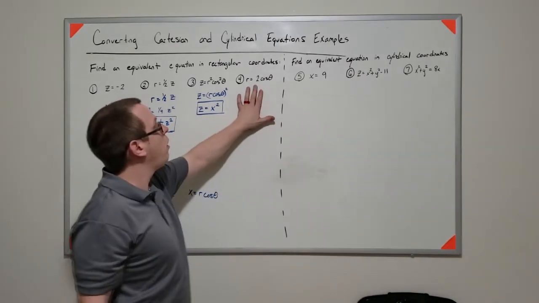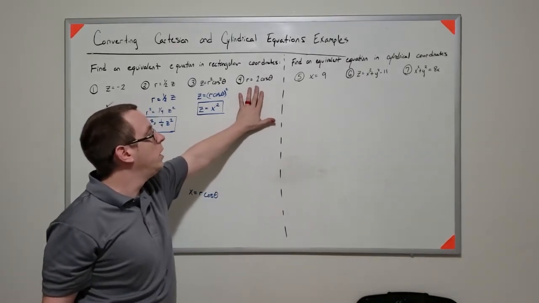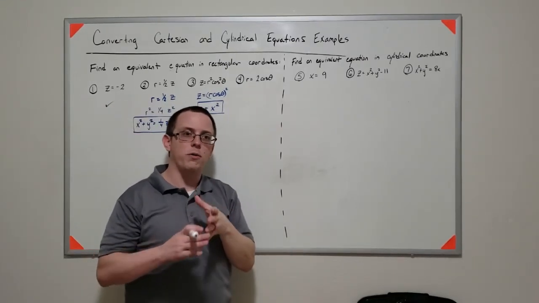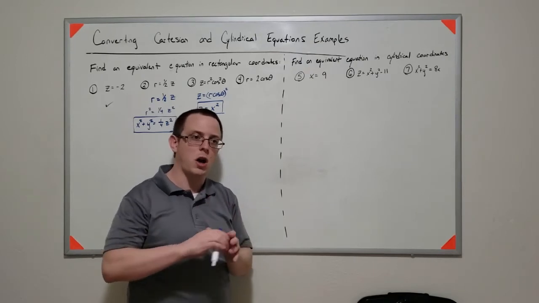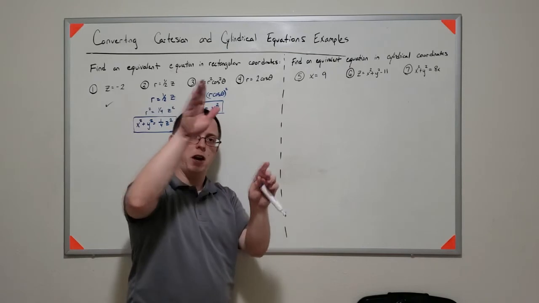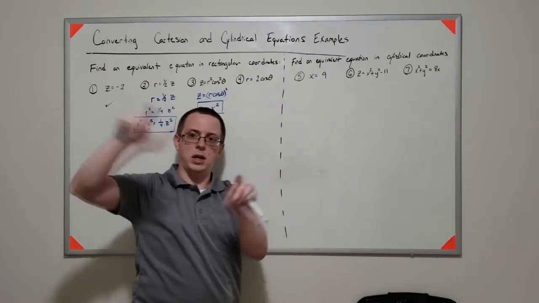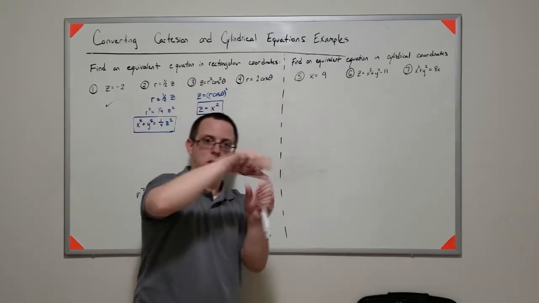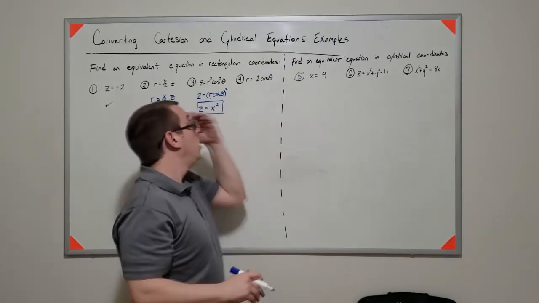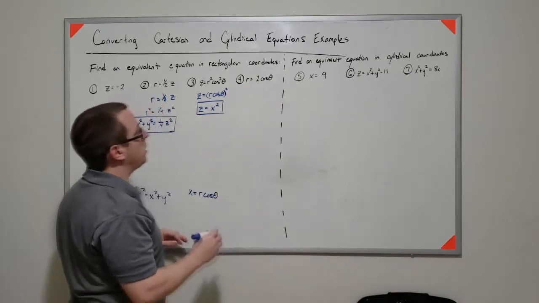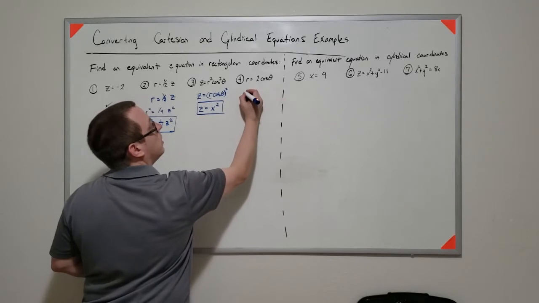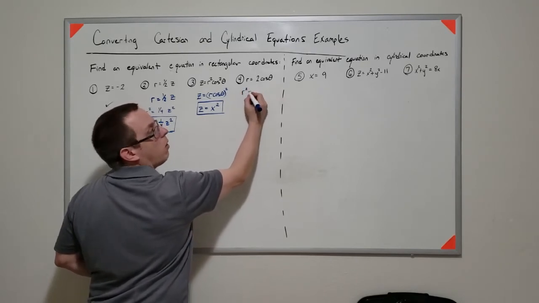And finally, we have r equals 2 cosine theta. That one's a fairly easy situation to figure out. If you recall from previous studies in calculus or trigonometry, that's just going to be a circle, right? As theta goes around, r is going to sketch that circle. Then if we represent that, we say, okay, r equals 2 cosine theta. Well, what if I multiply both sides by r?